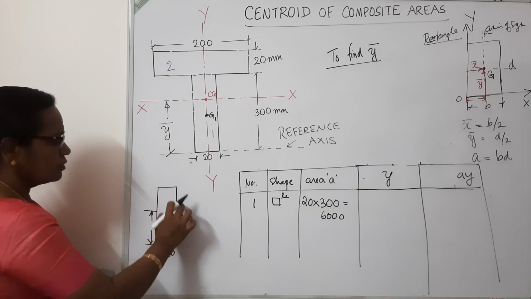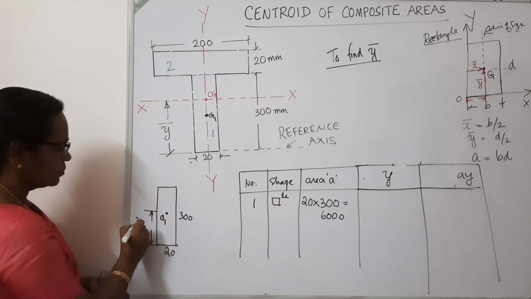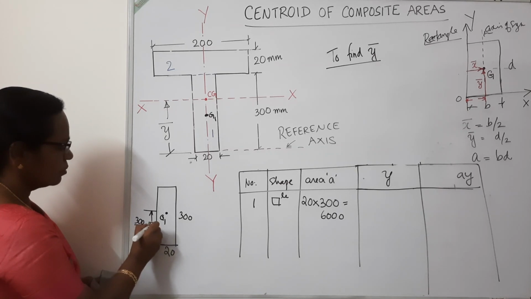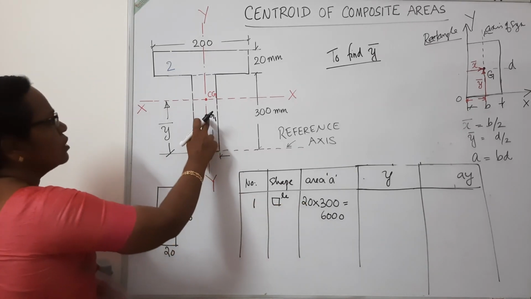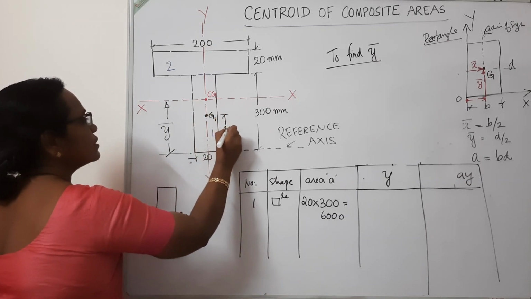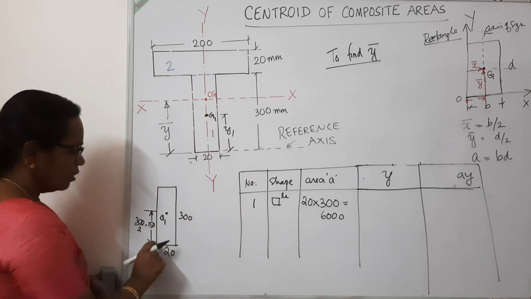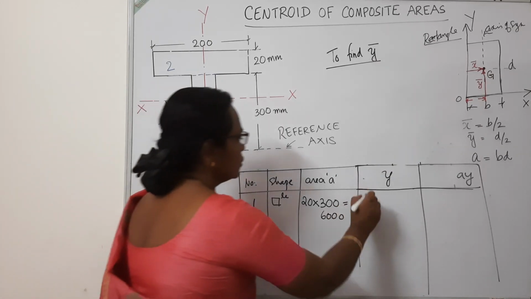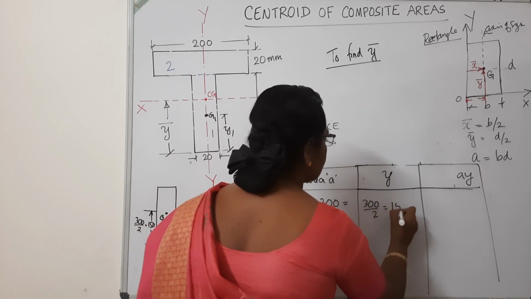We have seen, if 300 is the depth, it will be 300 by 2, equal to 150. So Y1 is the distance to the centroid of the first figure from the reference axis. So this distance is 300 by 2, equal to 150.